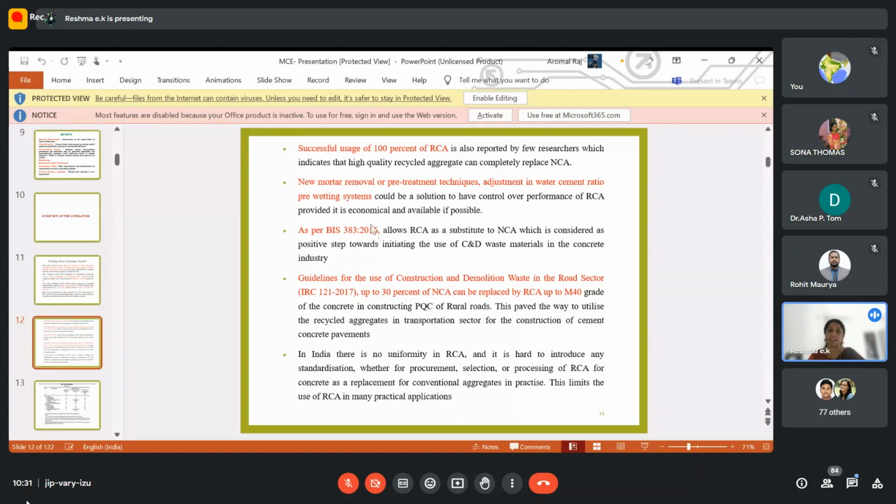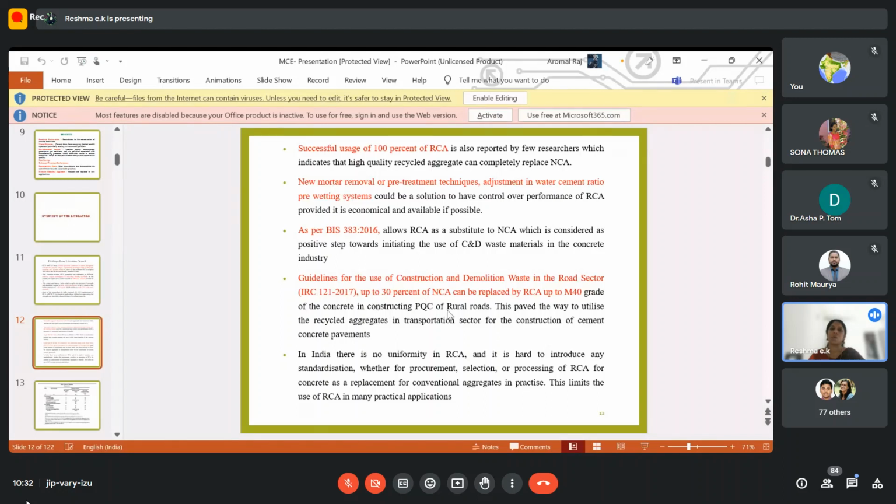And there is one more, the IRC 121 of 2017 guidelines. These guidelines are exclusively for pavement. It says up to 30% NCA, that is natural aggregates, can be replaced with recycled concrete aggregates, up to M40 grade of the concrete. So the code says 30% can be utilized without any issues.